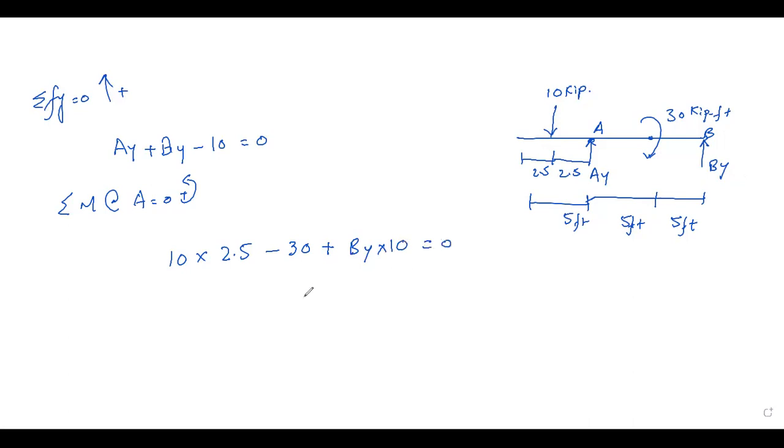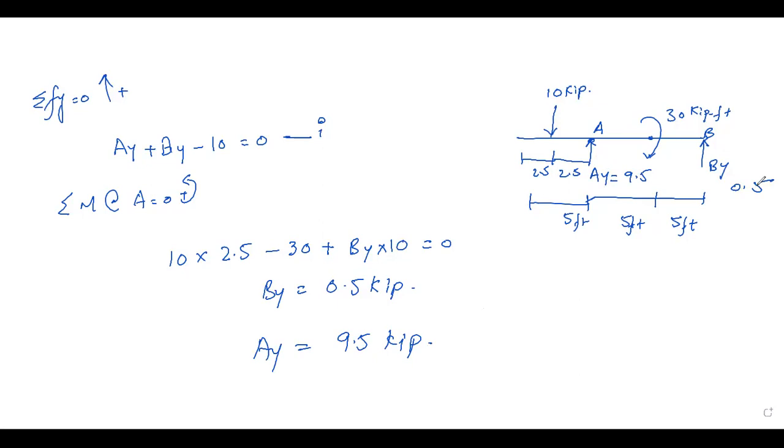From this equation, we get BY equal to 0.5 kip. Put the value of BY in equation number 1, and we get AY equal to 9.5 kip. So now we have AY 9.5 and BY 0.5.